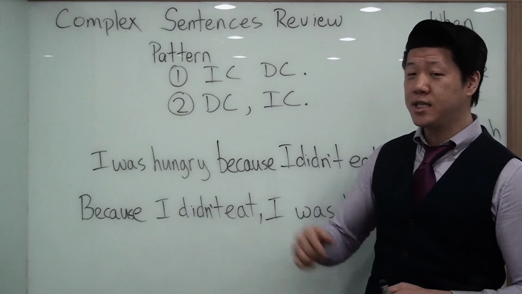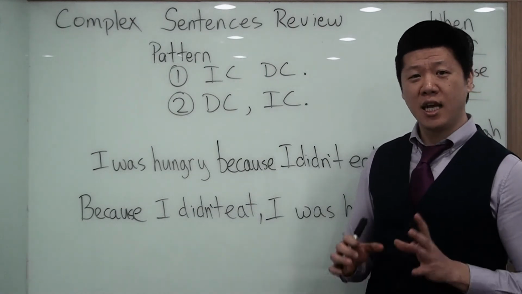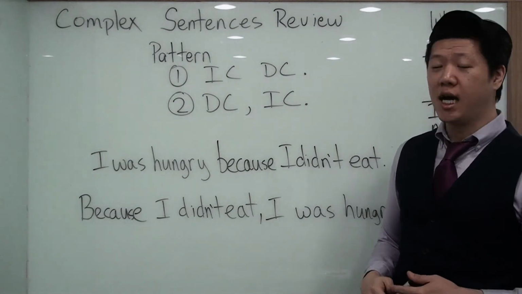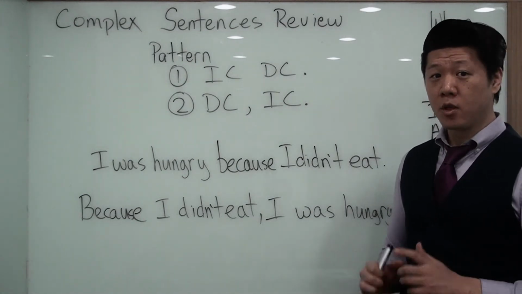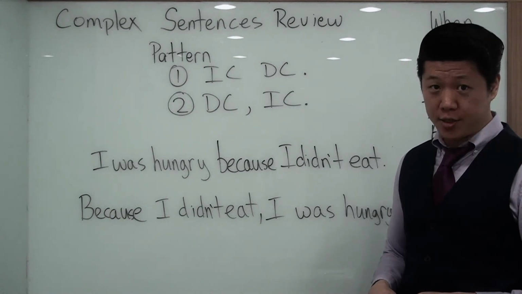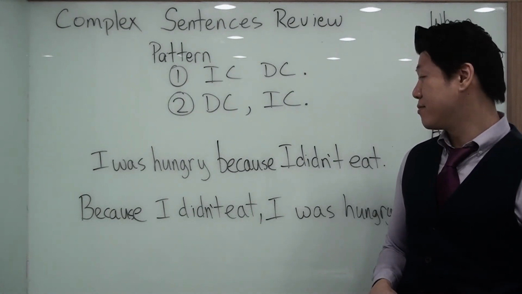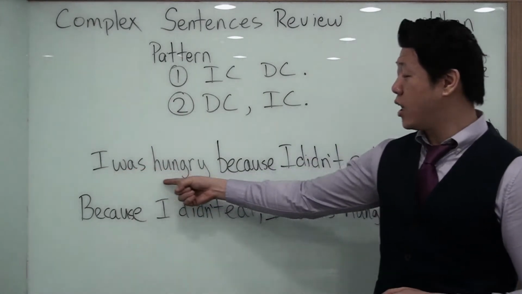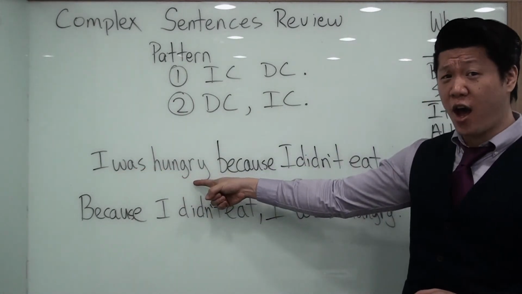So we have one sentence here that has two different clauses. I was hungry because I didn't eat. Which one is the independent clause? Good. I was hungry. That's a complete thought.